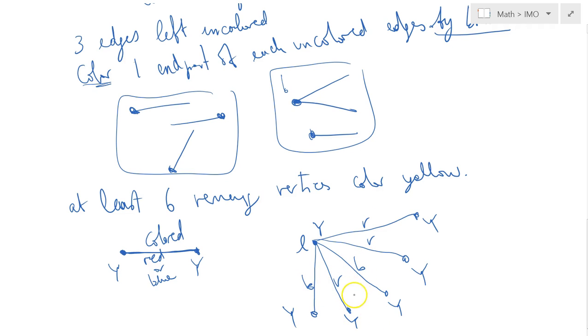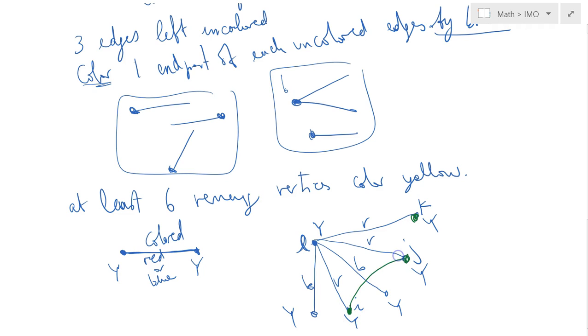So these 3 are colored red. Let the other endpoints of those 3 red edges be I, J, and K. The other one we decided to call L. Now, these 3 points are also connected amongst themselves.